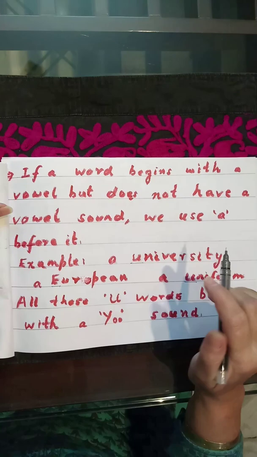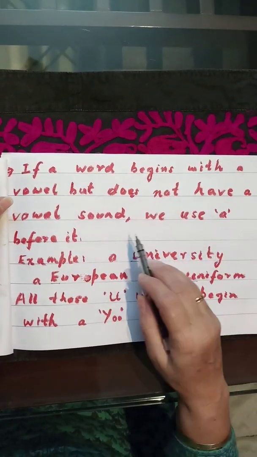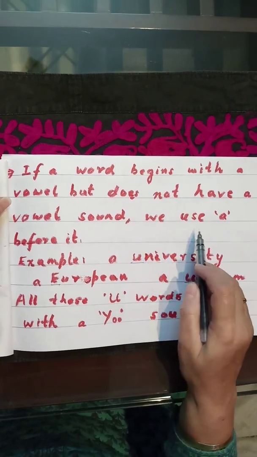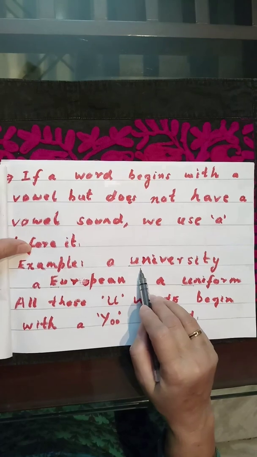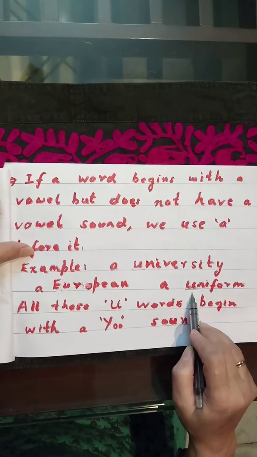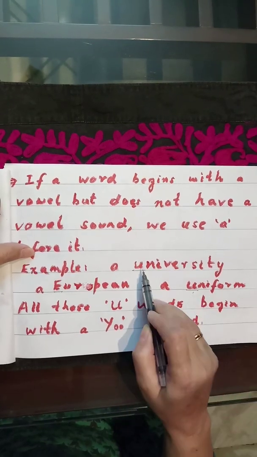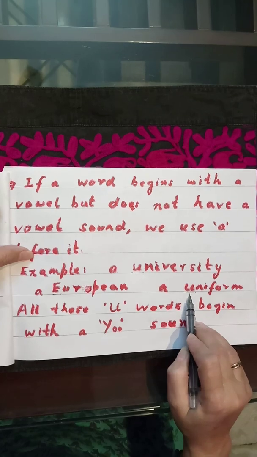Now, if a word begins with a vowel but does not have a vowel sound, we again use a before it. For example, a university, a European, a uniform. Here, U is a vowel. U, E and U, they are vowels.